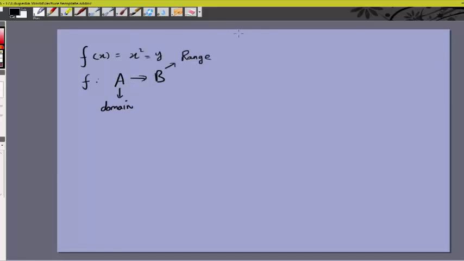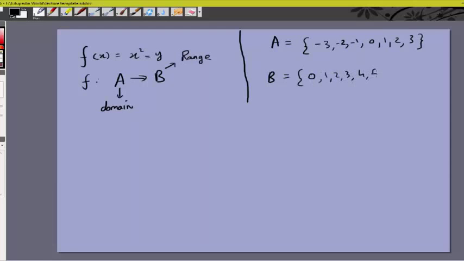Now A can be many different things. They both can be all real numbers. A can be real numbers, B can be just positive numbers. That would also be fine. Let's take some finite sets to begin with. Let's say A is the set of numbers minus 3, minus 2, minus 1, 0, 1, 2, and 3. And let's take B to be the set of numbers 0, 1, 2, 3, 4, 5, 6, 7, 8, 9.